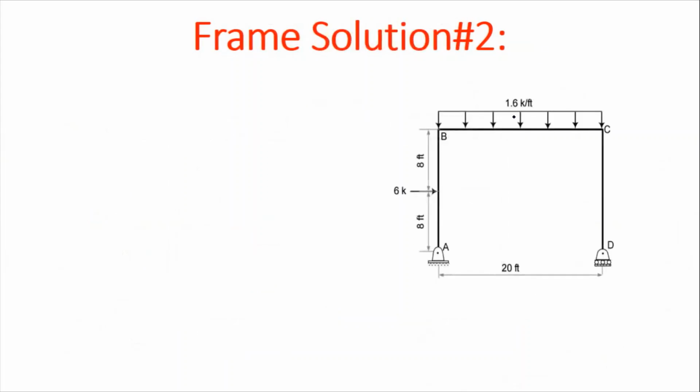So here, what we have to do, first we have to convert the UDL into a point load. So how can we convert it? P is equal to 1.6 into 20 feet.